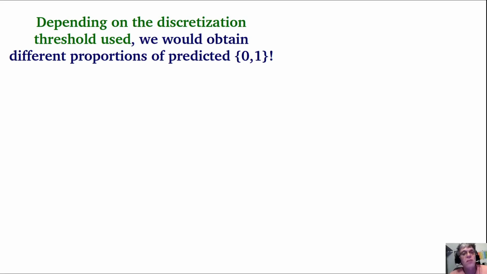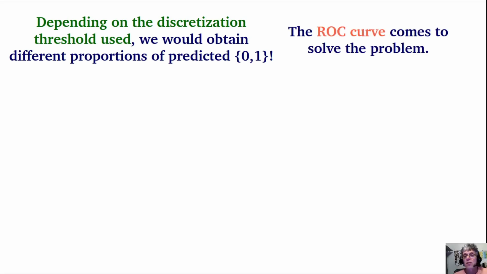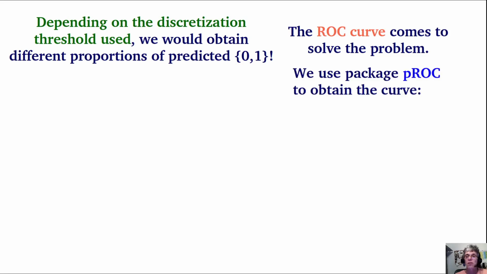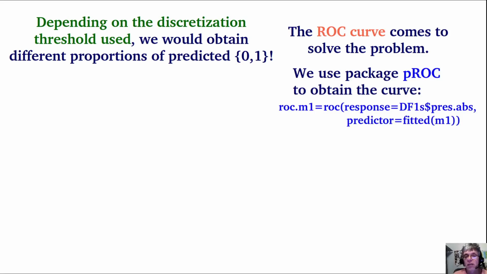Depending on the discretization threshold used, we would obtain different proportions of predicted zeros and ones. So one solution to the problem is to use the ROC curve. ROC means receiver operating characteristic, which solves the problem, and it is actually simpler to show the curve obtained with the package pROC. The command is as follows, and we obtain something else called the AUC, area under the curve.